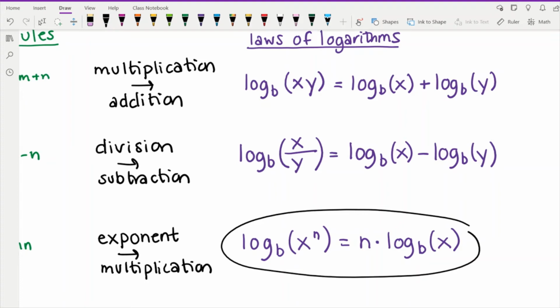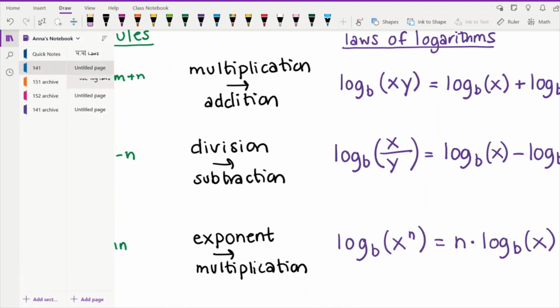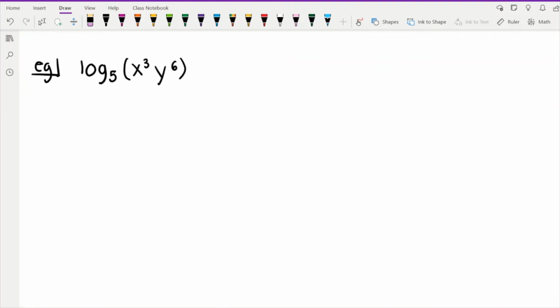The problem in the example we're looking at now is that we don't have one item raised to a power. We have 2 separate items raised to powers. So what we first need to do is split this up into 2 pieces. We can split this up into log base 5 of x cubed plus log base 5 of y to the 6th. Now each of these is in that format of just one item to a power.